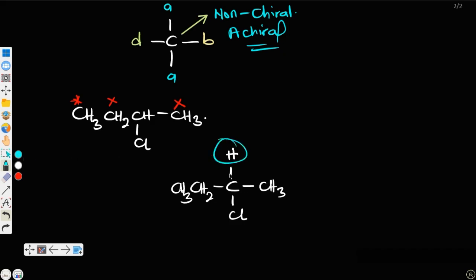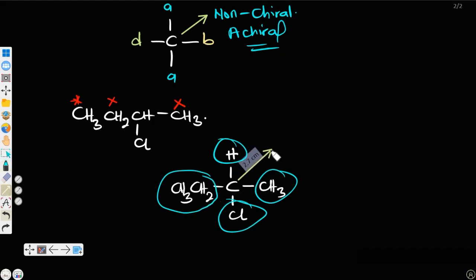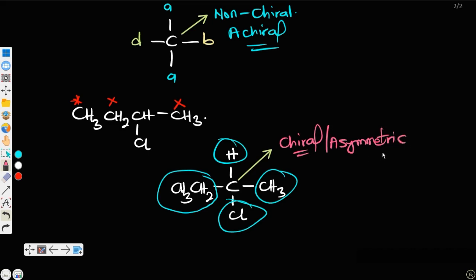What you have here is different from what you have here, different from here, and different from here. So we can say that this carbon center is a chiral carbon center, or you can call it an asymmetric carbon center. That is how to predict a chiral or asymmetric carbon.